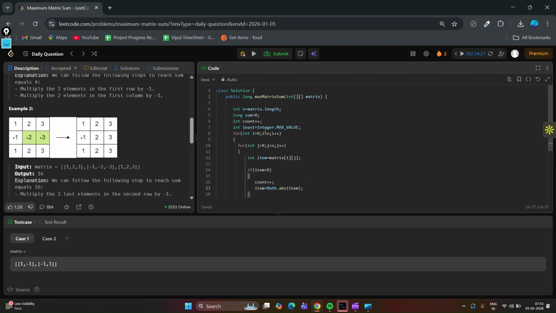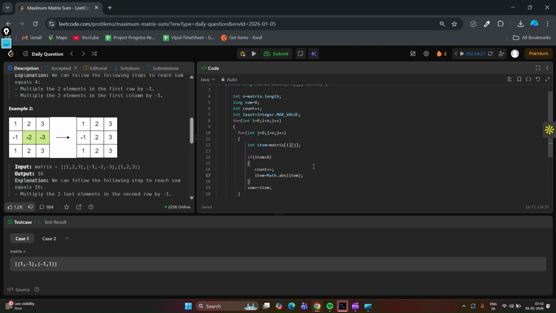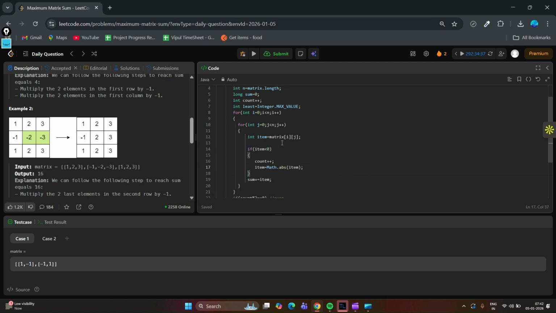How to update the list? The list means the minimum element. So here we can check if our list is greater than math dot absolute of item.